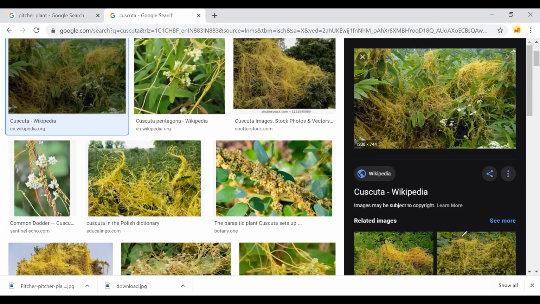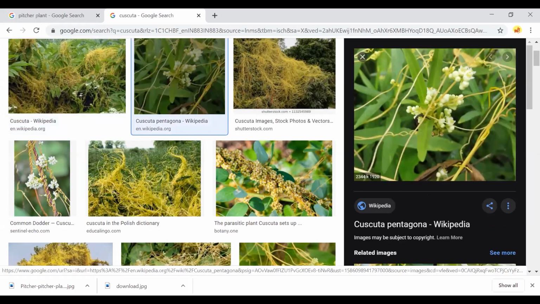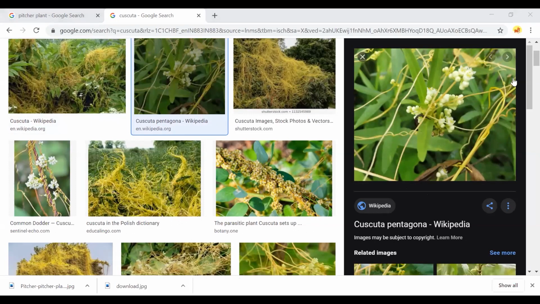Here is another image with the green plant and these thin yellow thread-like structures. This green plant is known as the host, and these yellow thread-like structures are Cuscuta, which I gave you as an example, and this is a parasite.